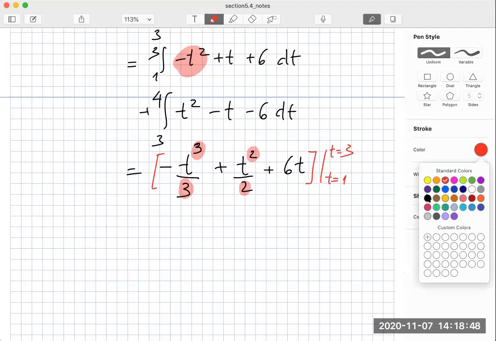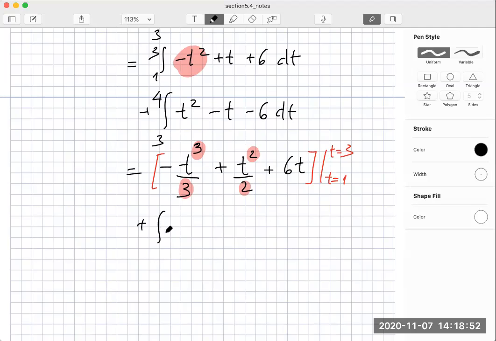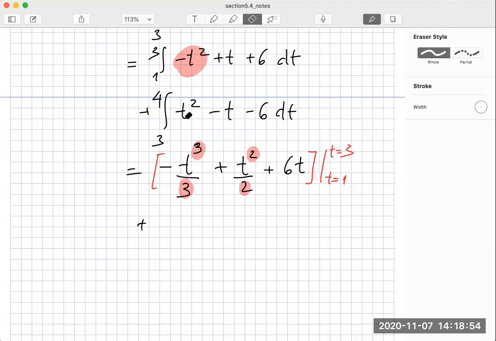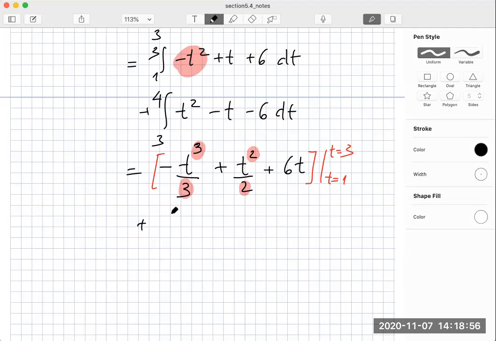And the same story for the second integral here. We need to compute the antiderivative of t squared, which is t cubed over 3.